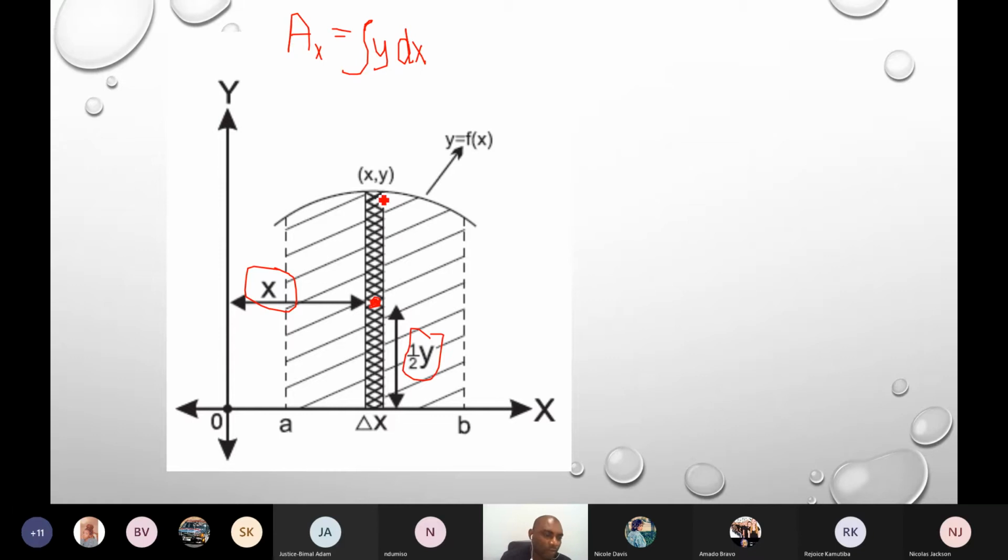Because the full distance of the strip is actually y. So the point that I use to find area moment is on the middle of the strip. From the y-axis the distance is x, but from the x-axis it's half y.